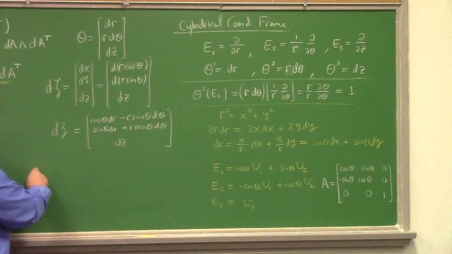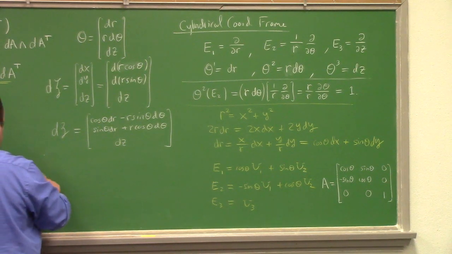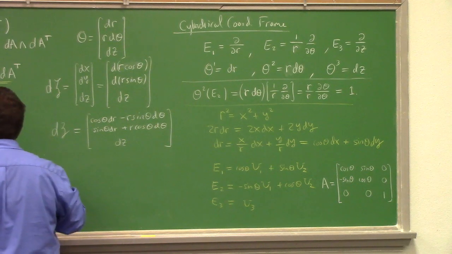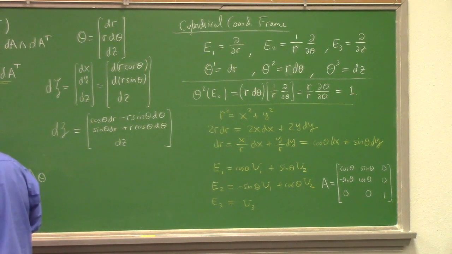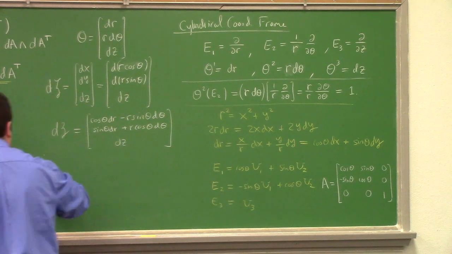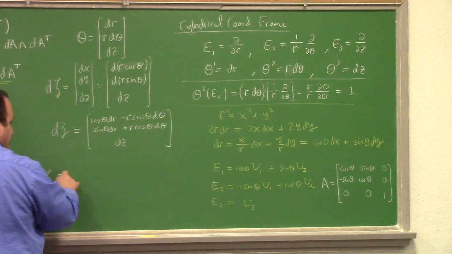Check it out. Theta is supposedly a times d zeta, right? Excuse me, I can't get my stuff straight here. What's a times d zeta equal to?